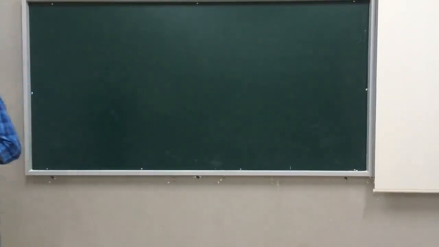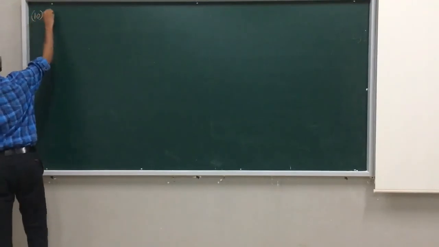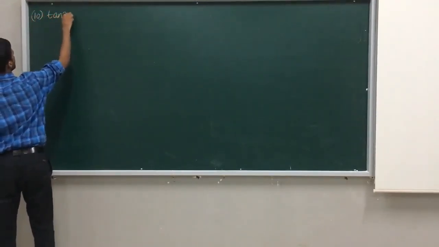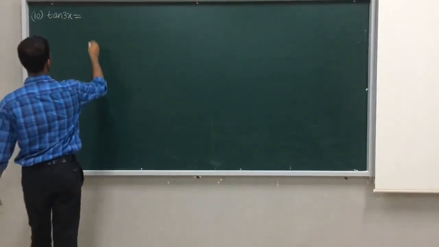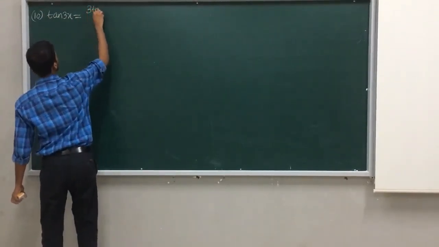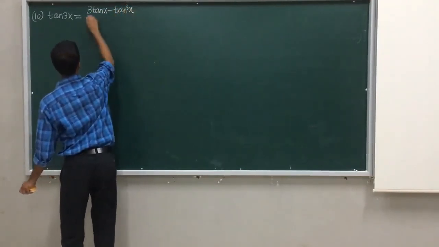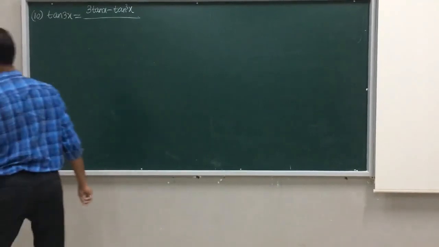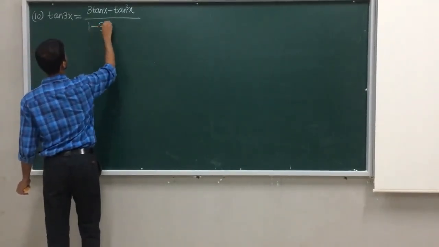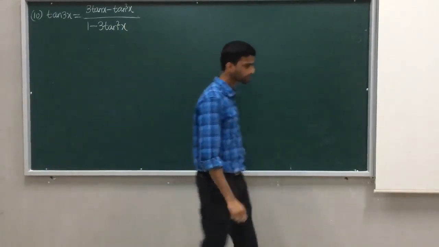We will discuss now tan 3x, which is equal to 3 tan x minus tan cube x, divided by 1 minus 3 tan square x.